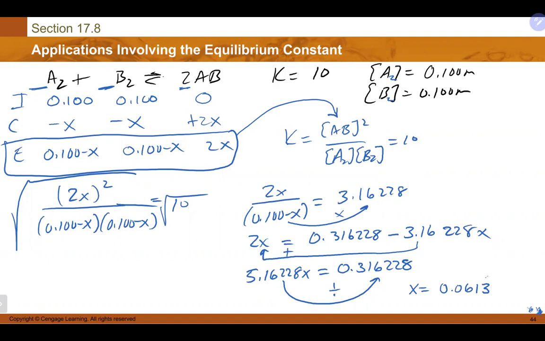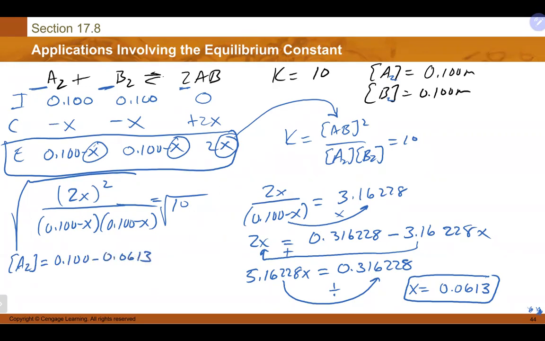At this point, once again, this x value is every single x we see here on the equilibrium line. So to figure out the equilibrium concentration of A2 would be 0.1 minus 0.0613. So 0.1 minus 0.0613 gives us 0.0387. B2 will come out the same, 0.1 minus 0.0613.